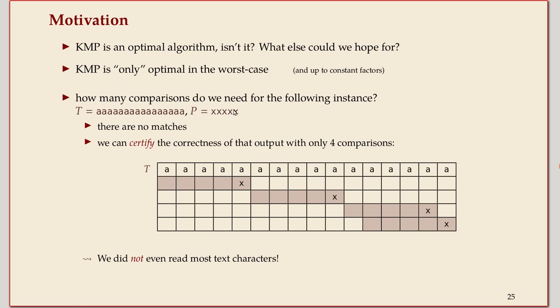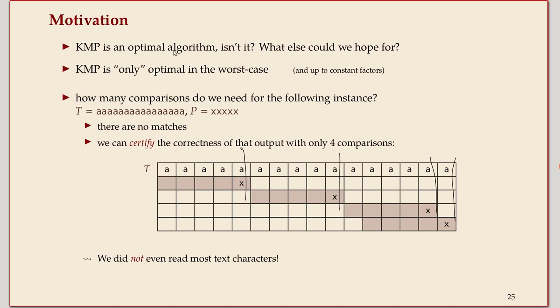But we know that the pattern always has this letter x, and the text at these 4 positions does not have the letter x. So there's no way I can slide the pattern left and right to make it align. There's always one of those 4 probe positions that kills any possible shift, or any possible guess for the pattern. All right.